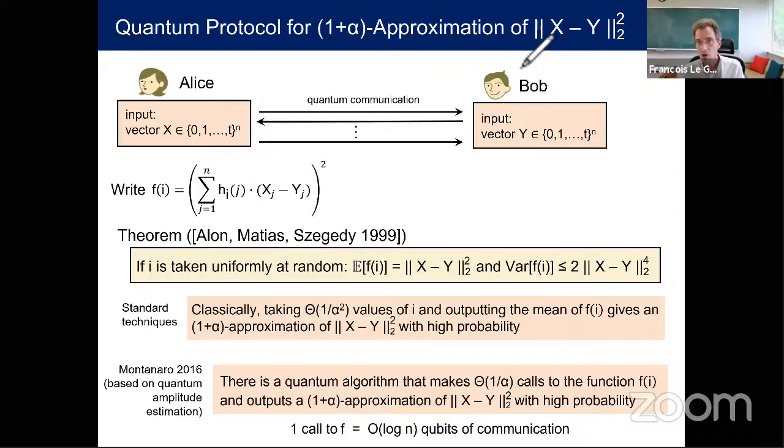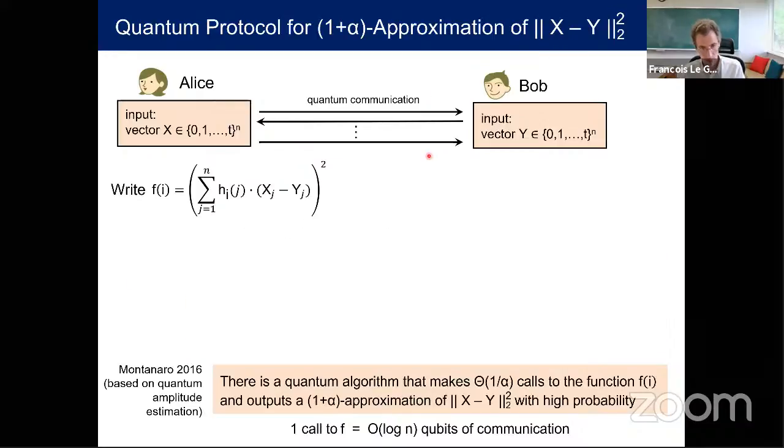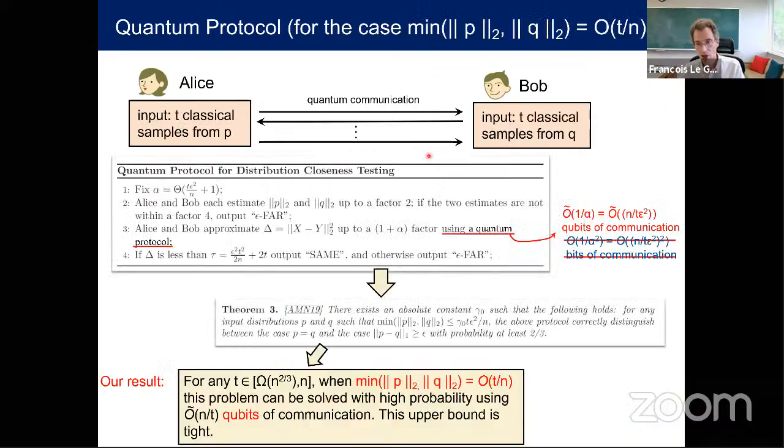To conclude, we are using almost the same protocol as in the classical case, except that we use a quantum protocol for obtaining an approximation of this delta. So we obtain finally the complexity of the approximation, and this is the complexity because this is the dominant term in the algorithm.